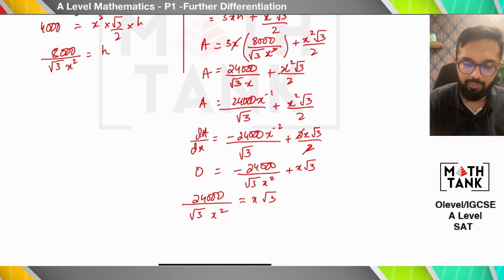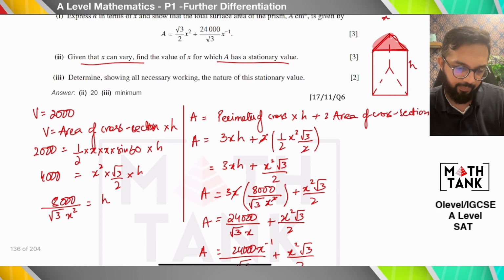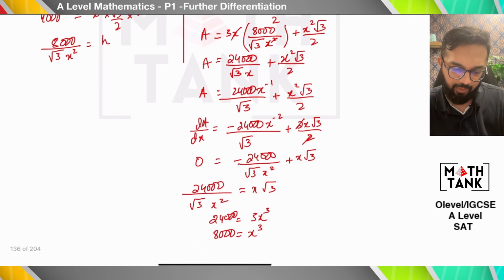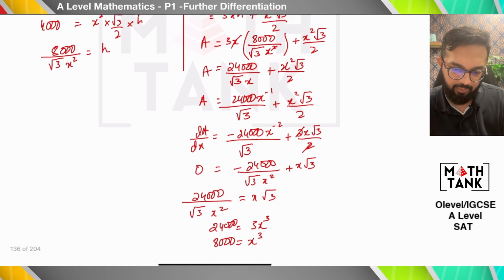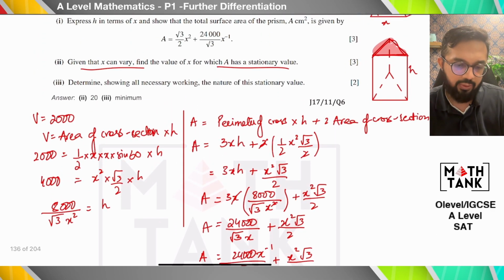So cross multiplying this gives me 3x cubed equals 24,000. X cubed equals 8,000 and the cube root of 8,000 then. I think I made a small error.